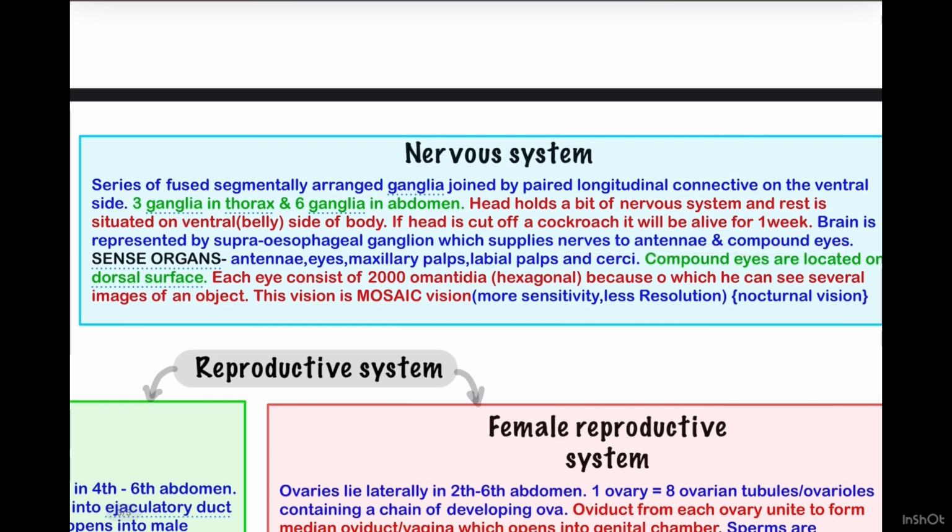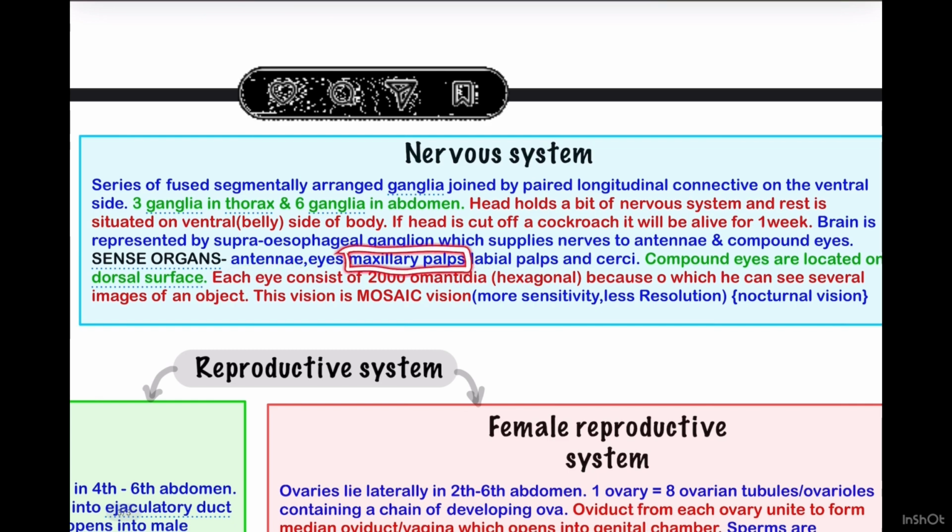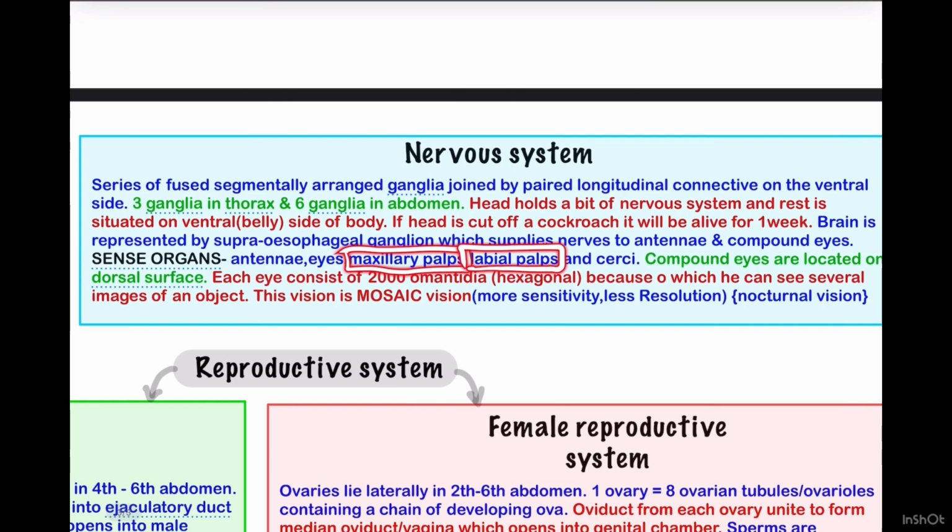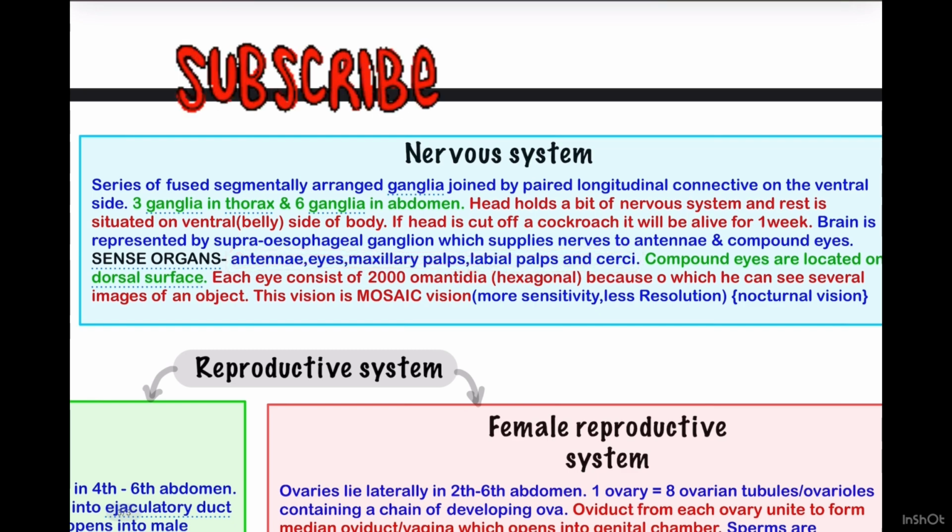Sense organs include antennae, eyes, maxillary palps and labial palps. Antennae and eyes you will remember easily, but remember that maxillary palps and labial palps also help as sensory organs. Next are the anal cerci. So all together these are sensory organs.